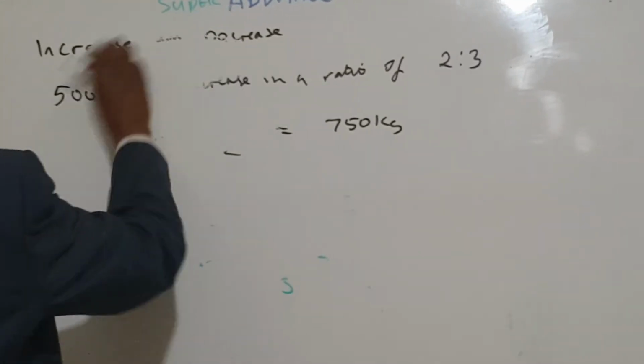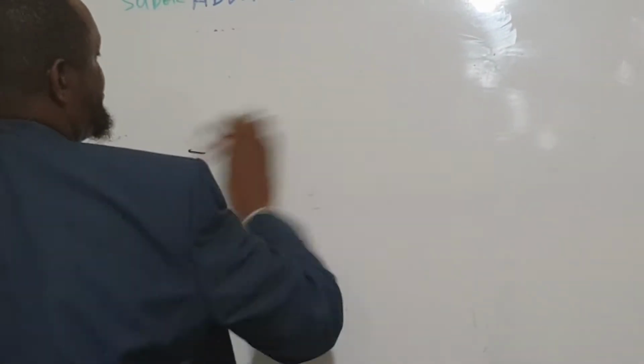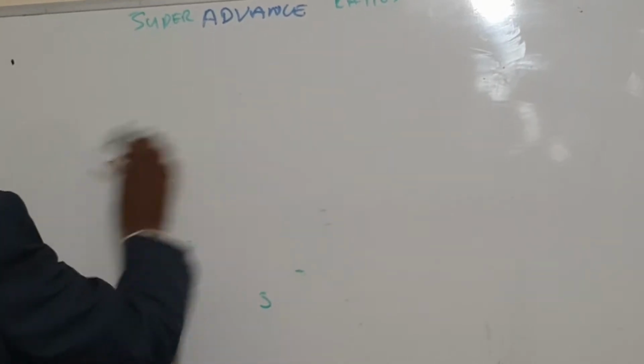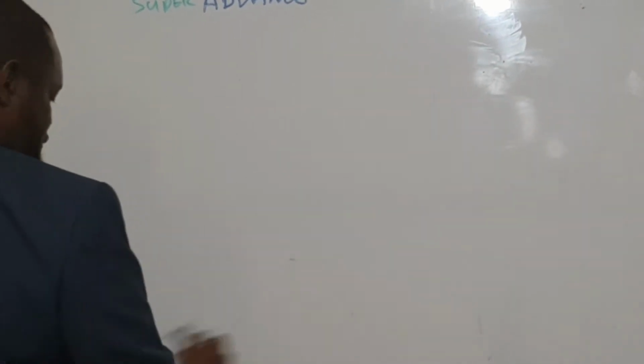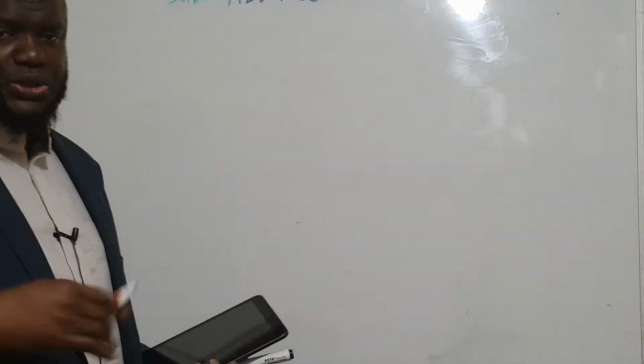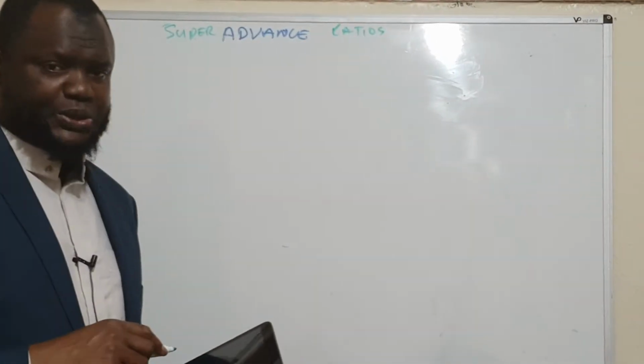Now, the tougher part, which I call super, because when I first saw the question. This is where you increase an image which has 2 dimensions, like what we are doing with scale factor.